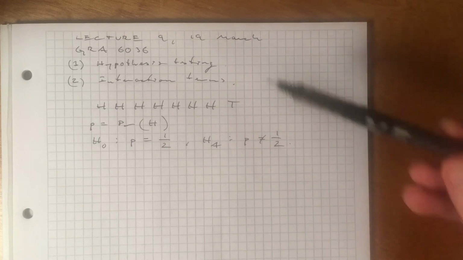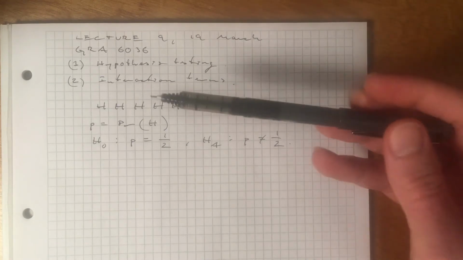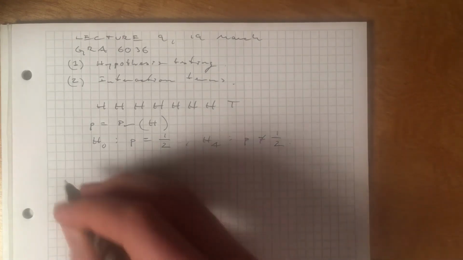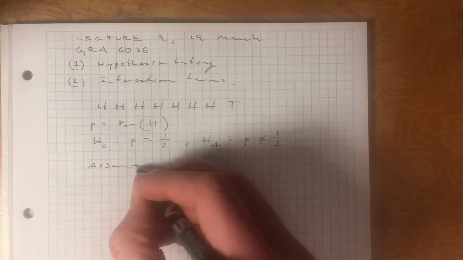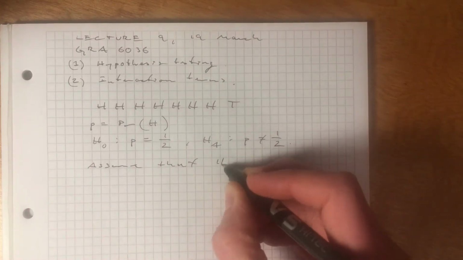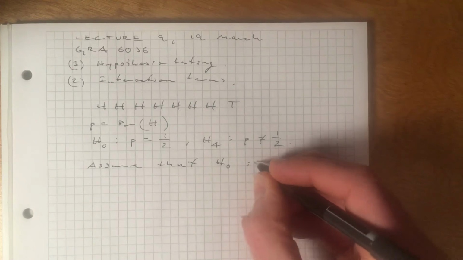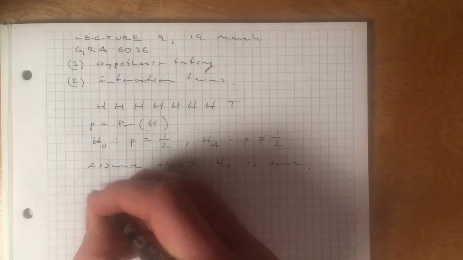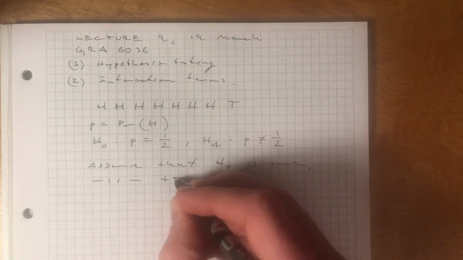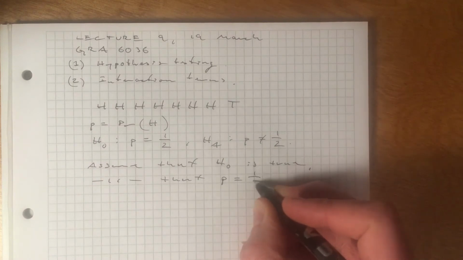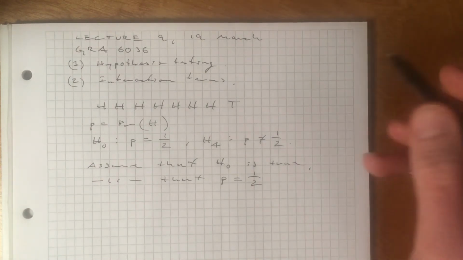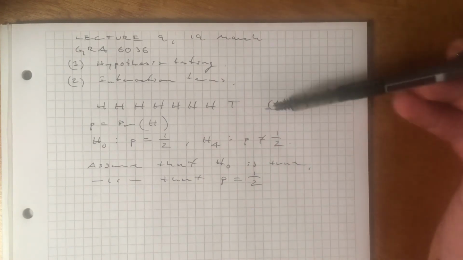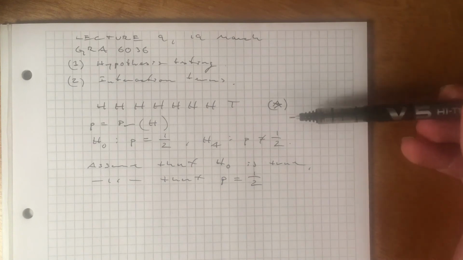Well, if you assume that the null hypothesis is true, which means that you assume that p is equal to 1/2, then obtaining the sequence, let's call this sequence star, you have this feeling that obtaining star has a low probability.